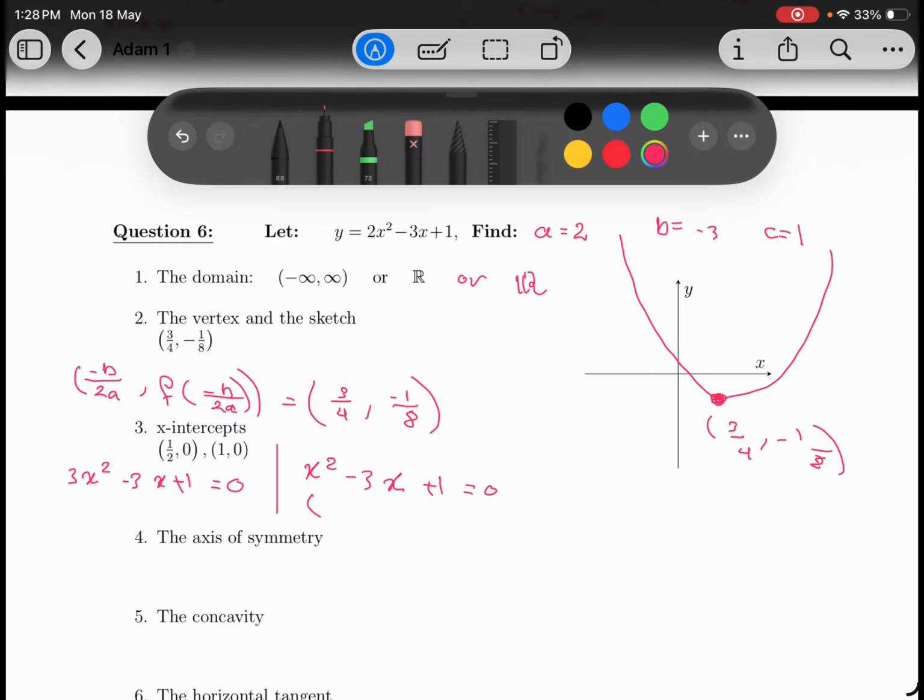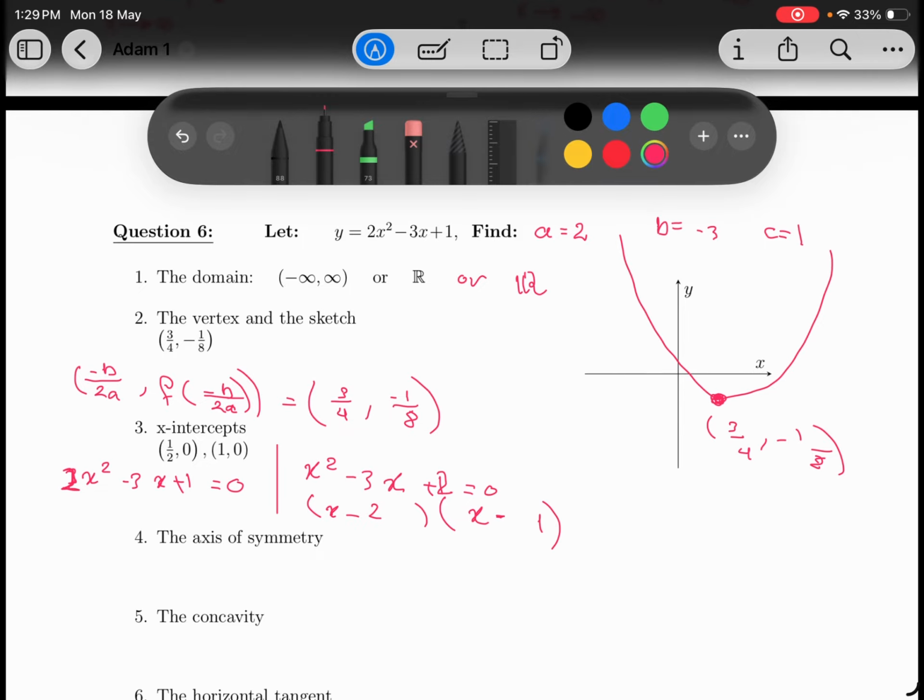Then maybe this is factorable easily, so it will be x minus, sorry, here not minus 1, and this is 2, not 3, sorry, because I multiply. You multiply this by this, then it will be 2. So it will be x minus 2 times x minus 1.